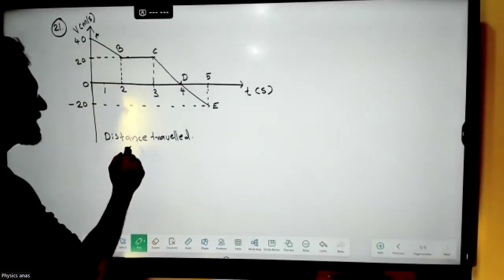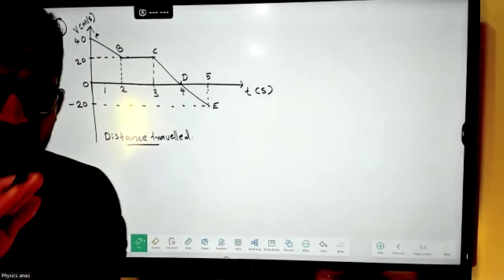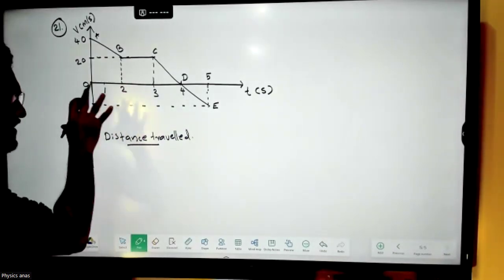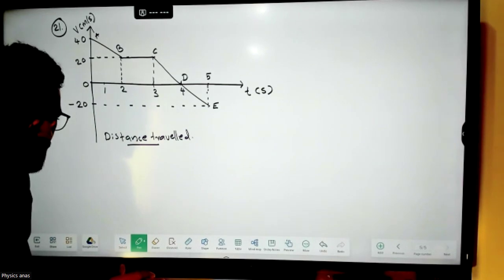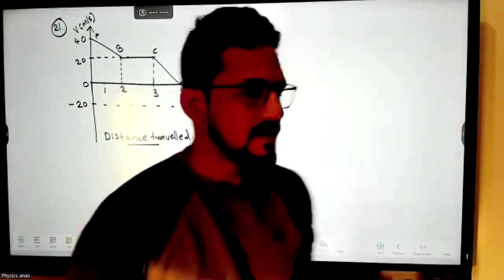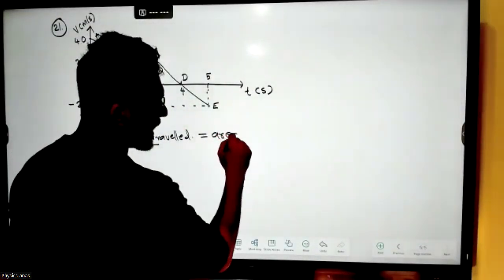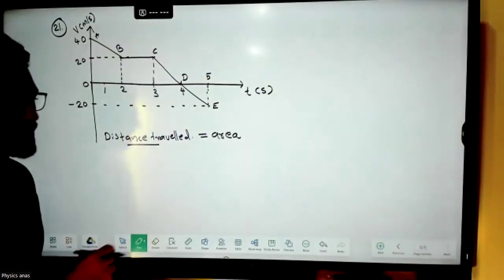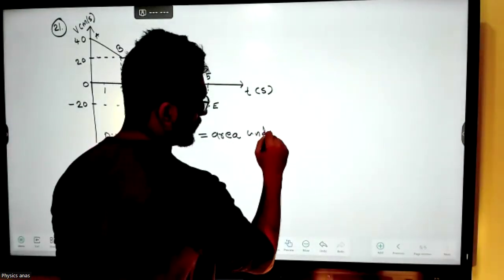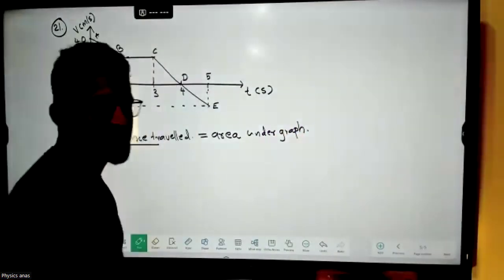No. Distance traveled, you can find from the velocity time graph, and the distance traveled will be equal to the area under the graph. Do you remember that from the derivation?